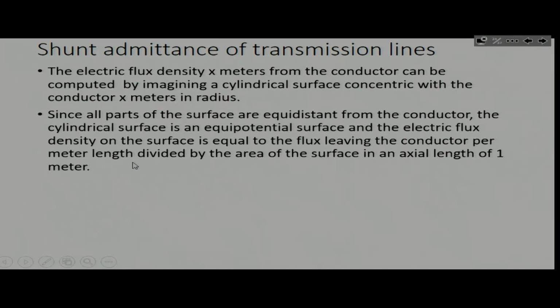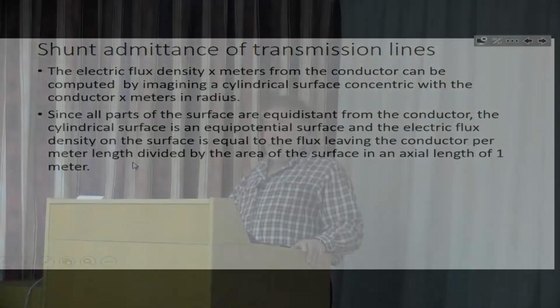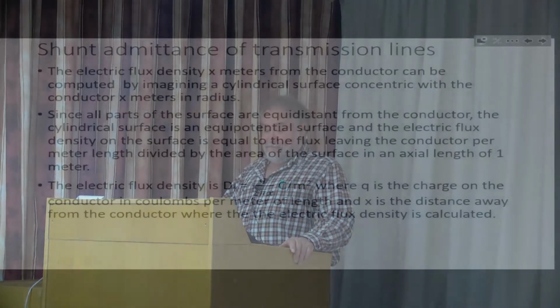Okay, equidistant means it is the same distance anywhere from the line. Equipotential means the potential is the same all over.